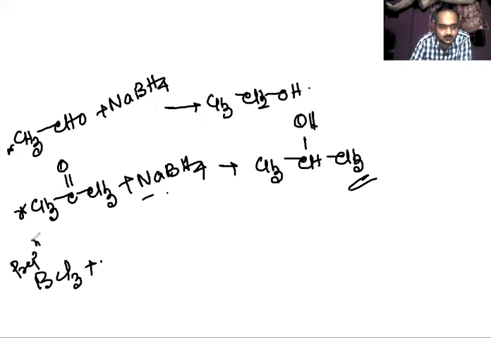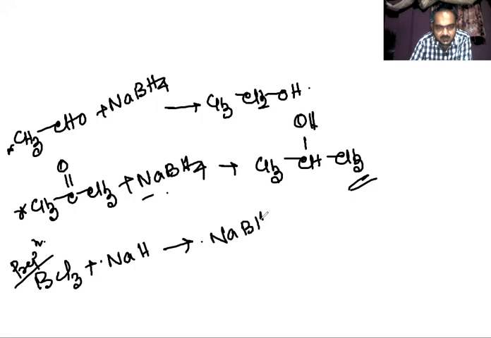Preparation of NaBH4: BCl3 plus NaH will produce NaBH4 plus NaCl.